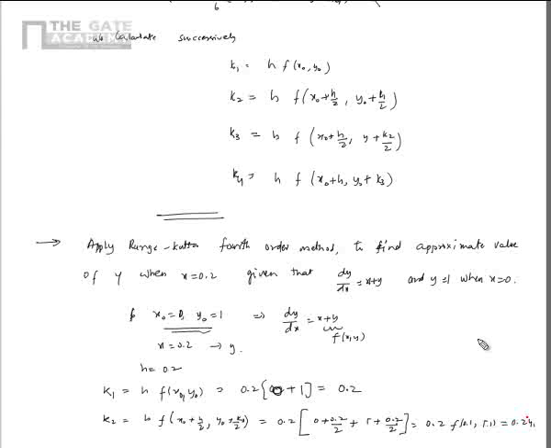Okay, so let's now calculate successively k3 and k4. k3 is h into f of x naught plus h by 2, y naught plus k2 by 2. So that is 0.2 into f of 0.1 comma 1 plus 1.1 by 2, which comes out to be 1.12, and if I substitute the values I'll get 0.244.